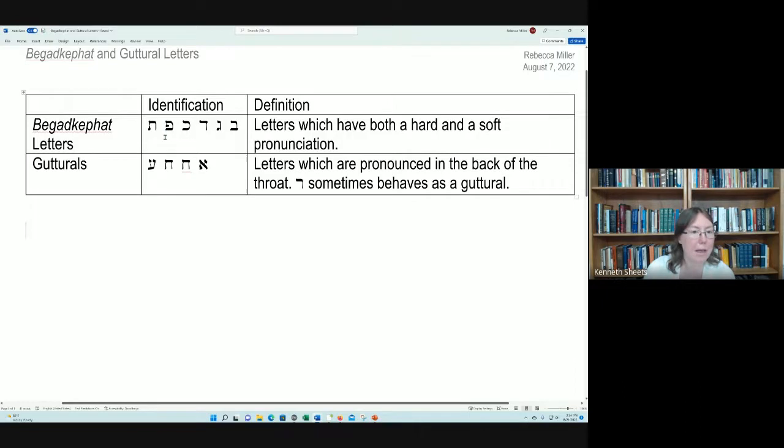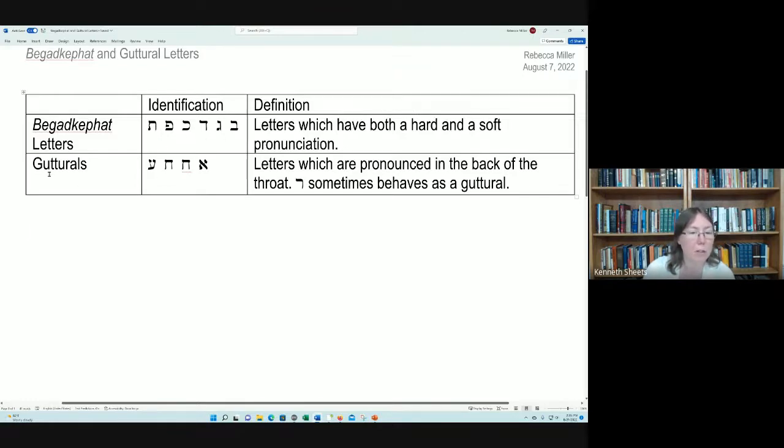Then the Pei, hard pronunciation P, soft pronunciation F, like our F sound. And then we also have the Tau, hard pronunciation T, soft pronunciation soft TH in that way. So these are the Begad Kafat letters, Beth, Gimel, Daleth, Kaf, Pei, Tau.